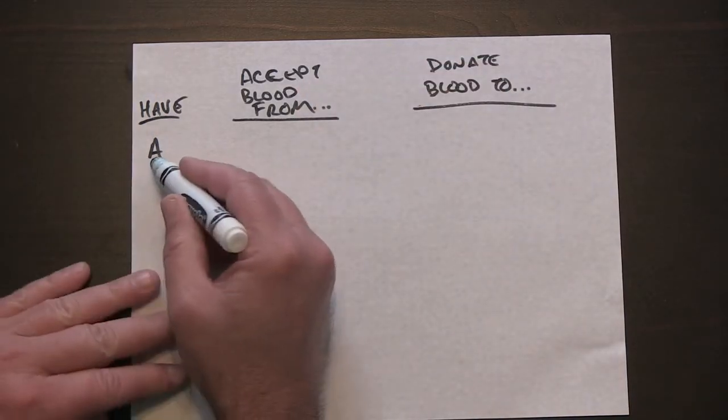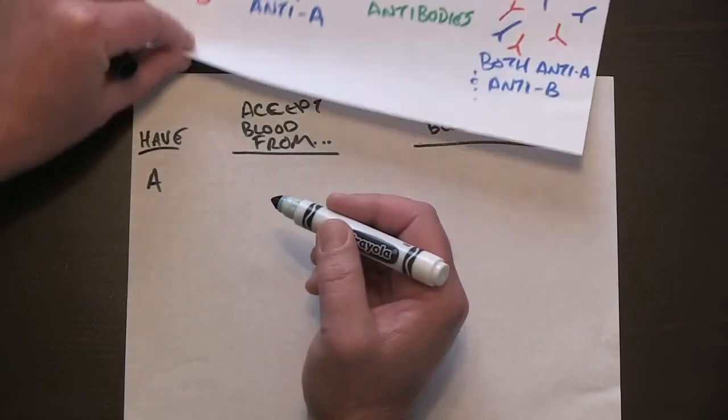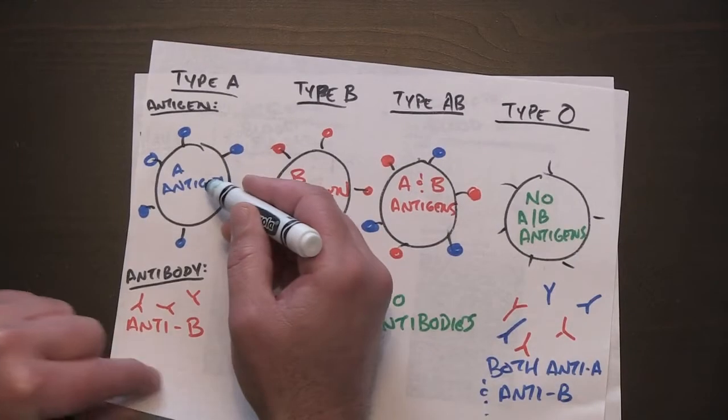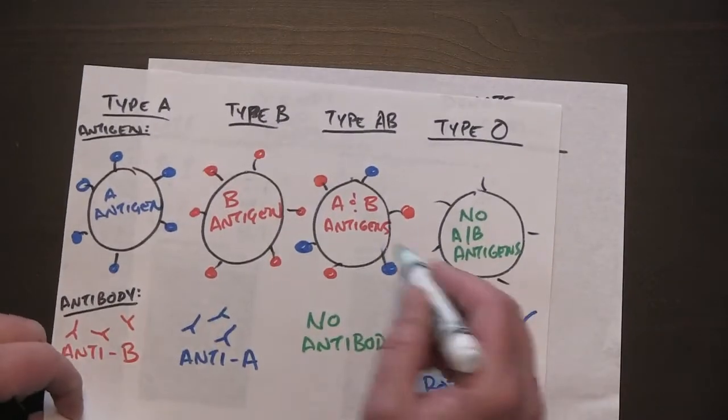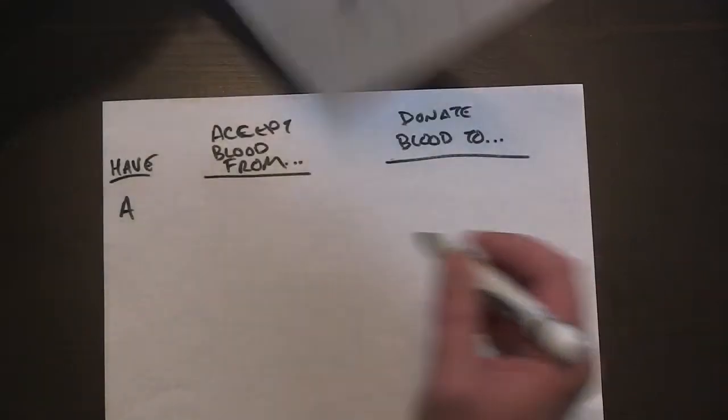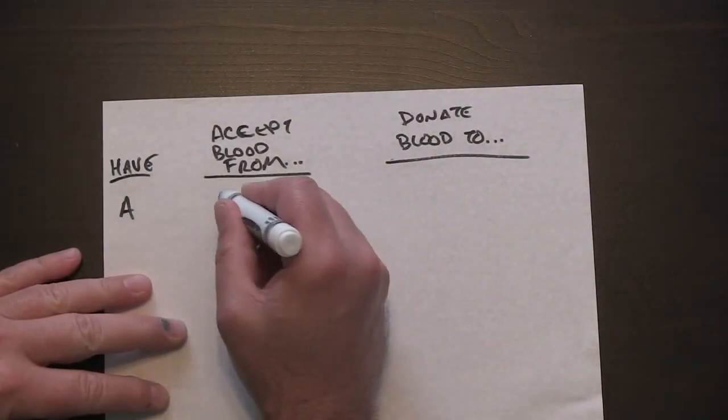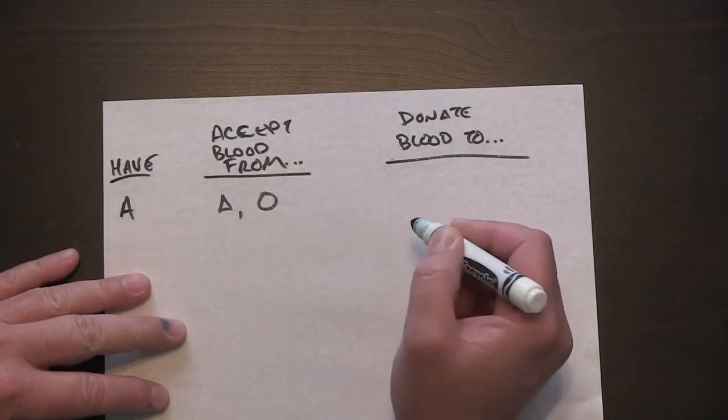If you have A-type blood, you can accept A or AB. I'm sorry, not AB, A or O. So you can accept blood from either A or O.